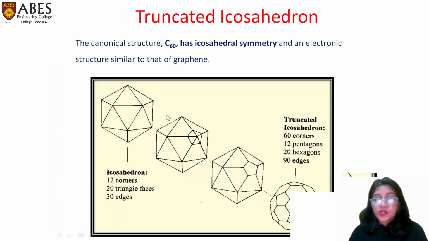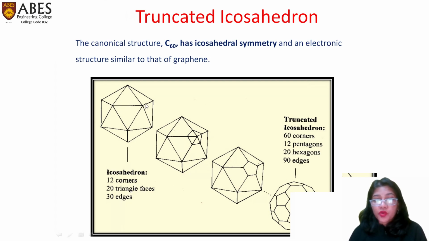Now, fullerene is also called a truncated icosahedron. Why is it called a truncated icosahedron? This structure is an icosahedron, which has 12 corners, 20 triangular faces, and 30 edges.